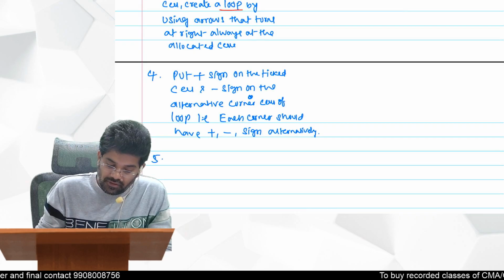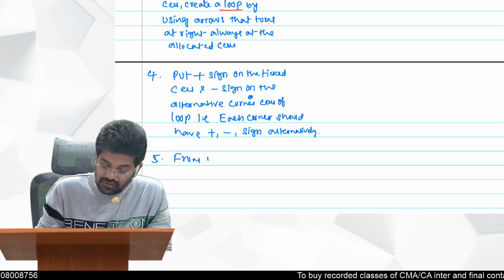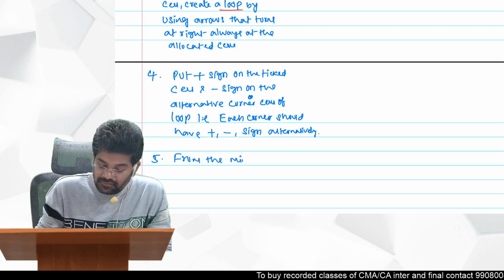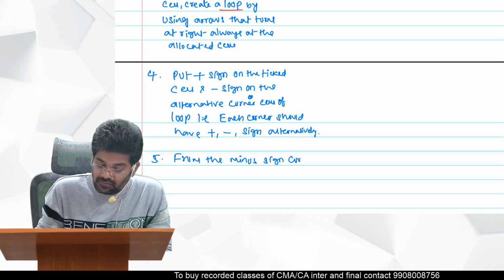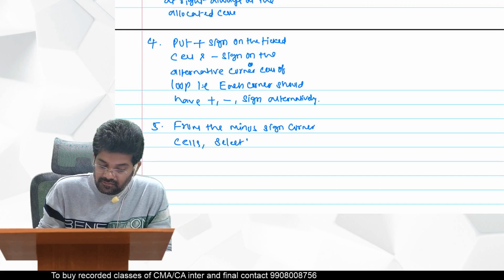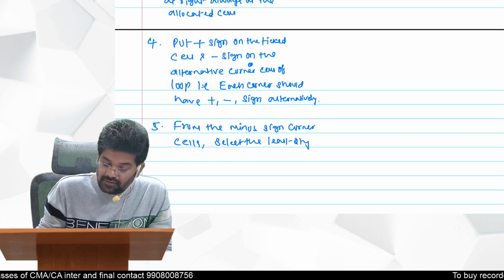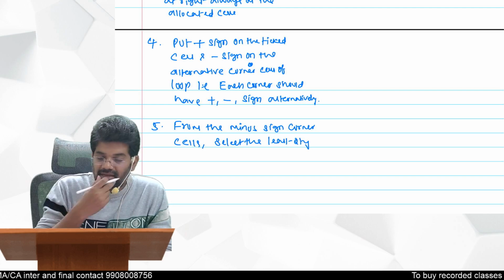Now, out of these minus signs from the corner cells, select the least quantity. From the corner cells, negative cells are there.